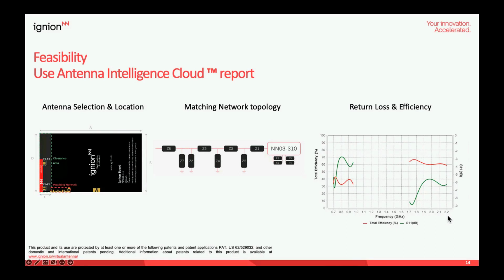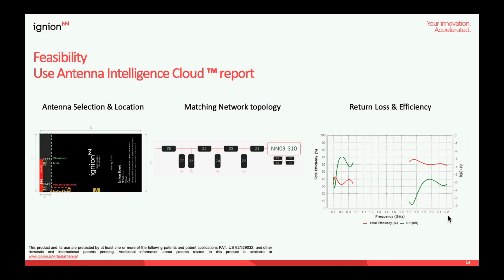A complete report, including the proposed antenna chip, the design recommendations to integrate it inside your PCB, the proposed matching network topology, the bill of materials, as well as a rough estimation in terms of S11 and efficiency is given in that report. In this way, you can assess from the very beginning of the project if the performance of the solution is aligned with your expectations, or in contrast, you need to apply some modifications to achieve them.